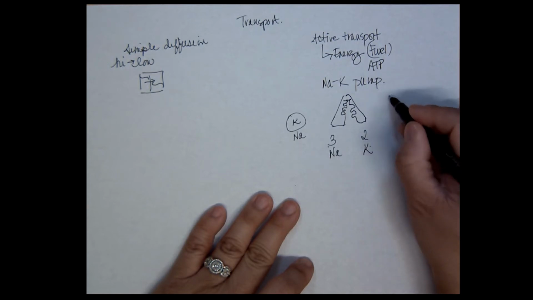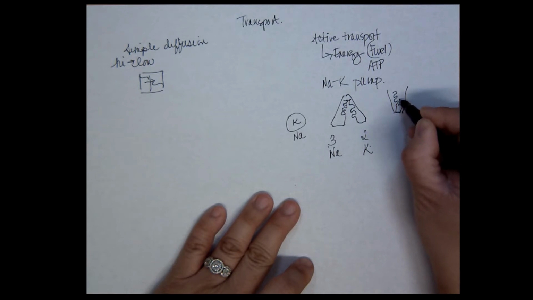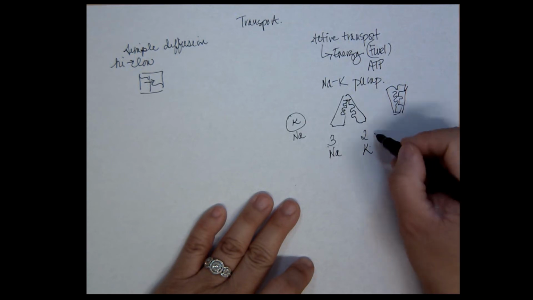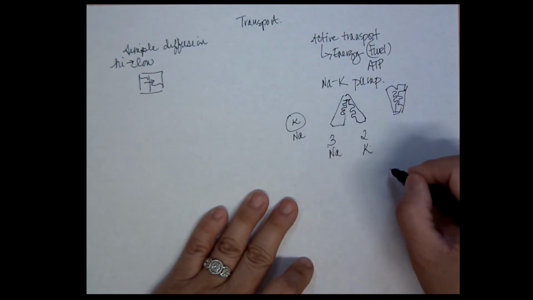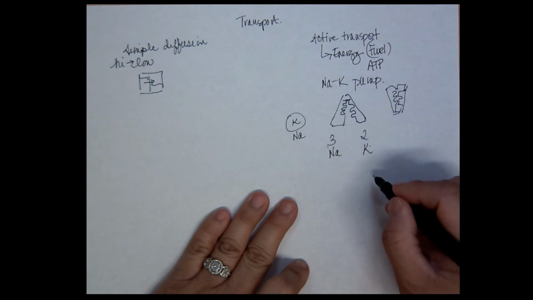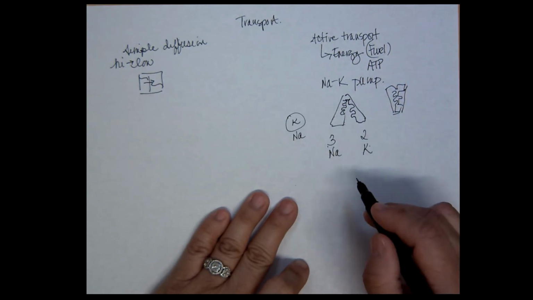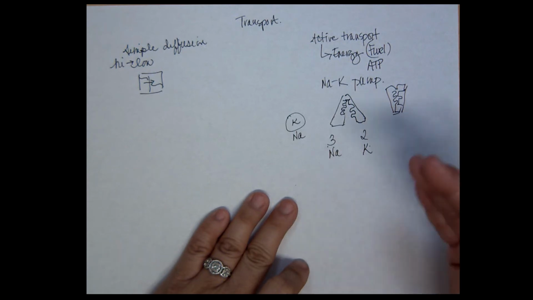So here's your 3 sodium, and here is your potassium. I know it's going to be in your head, but just stay with me for a second: if the right electrolytes move in and out, it starts to change the charge.